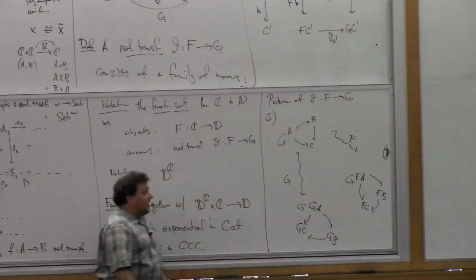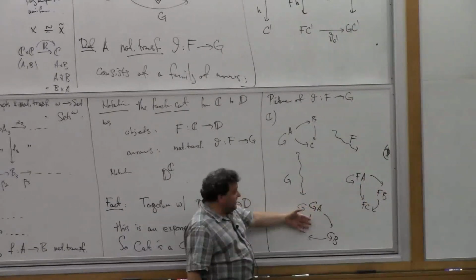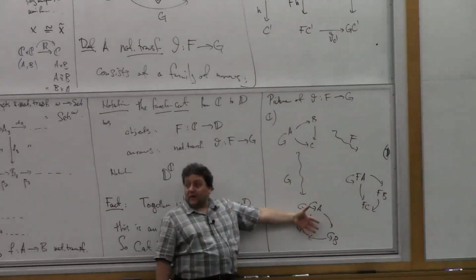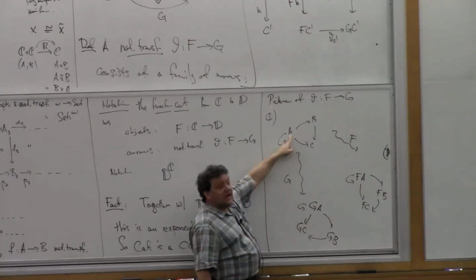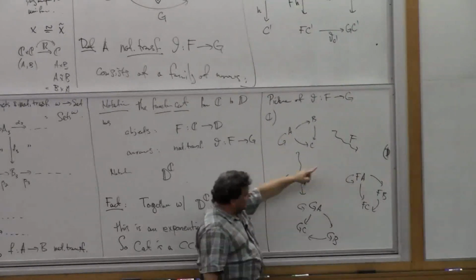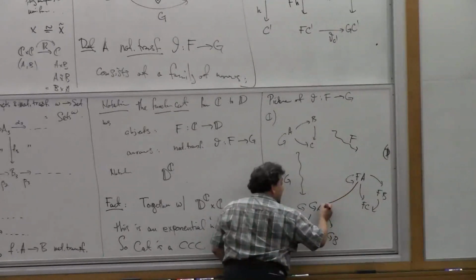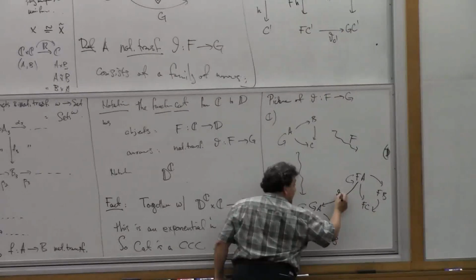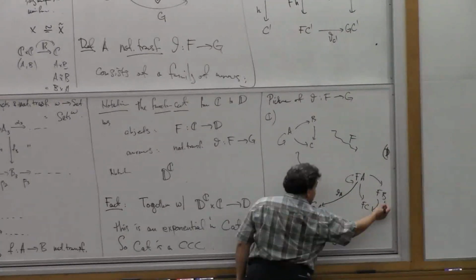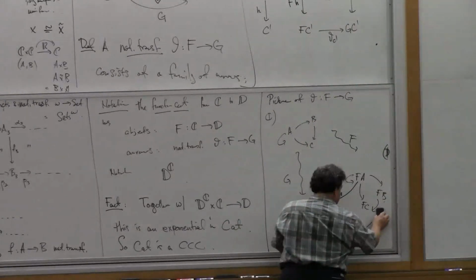A natural transformation consists of a family of maps over in D connecting the image of F with the image of G in a compatible way. So what that means is for each A over here, there's a corresponding thing here under F and a corresponding thing here under G. And so theta gives me an arrow connecting those two. Theta at A. These are called the components of the natural transformation. And for B, I'll use my colored markers here.